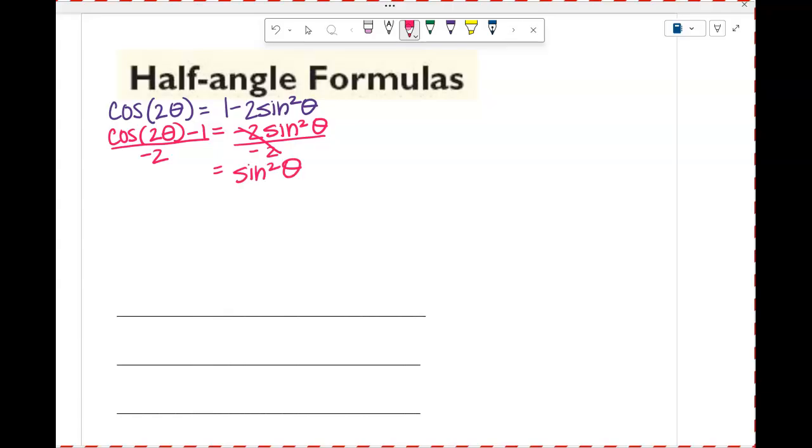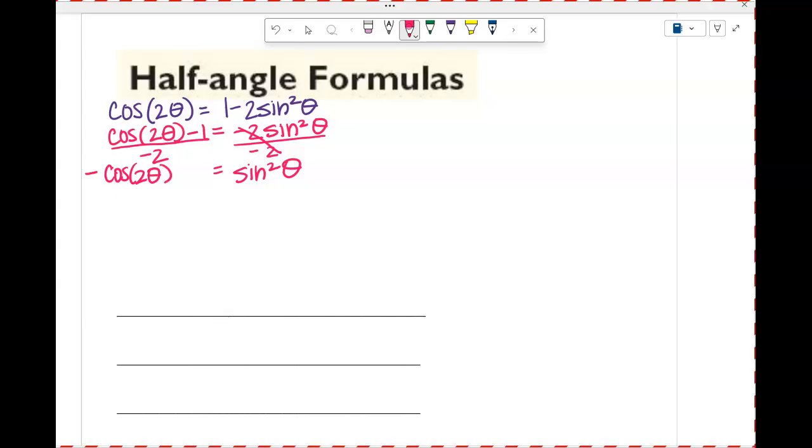Now on this side, can you guys see that I don't want negative in the bottom? So what I'm going to do is move it to the top. If I move it to the top, that just means, guys, I'm multiplying the negative to the top, okay? So I'm going to multiply the negative 1 to top and bottom. And so it's going to say negative cosine of double theta.